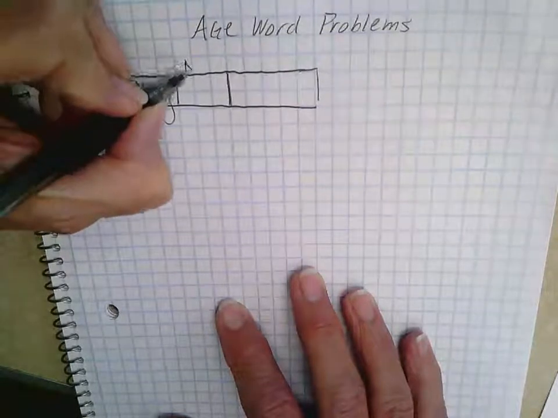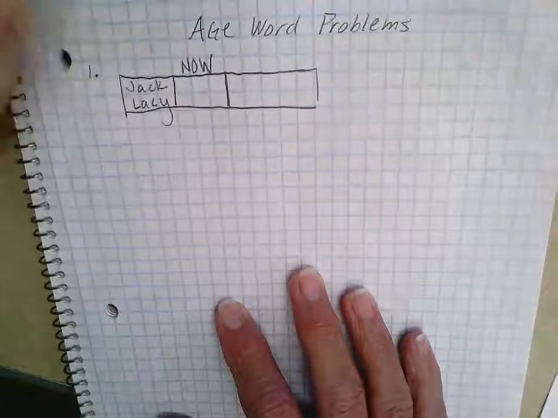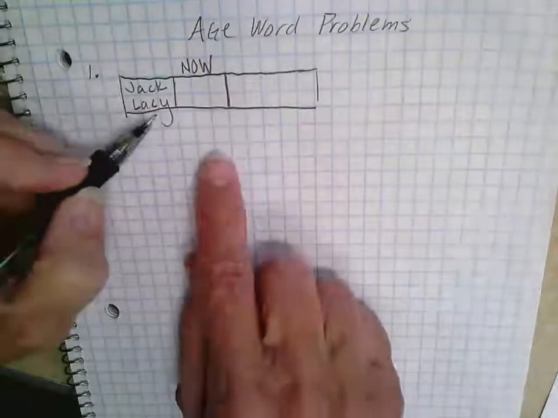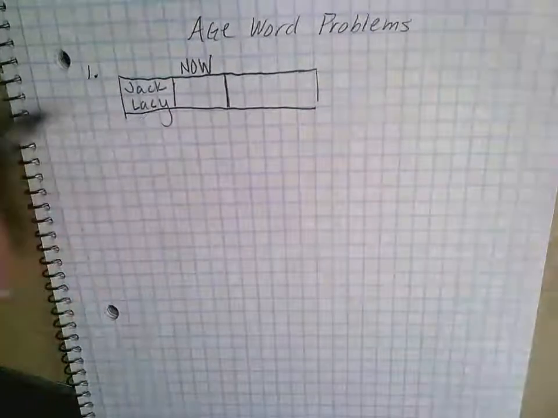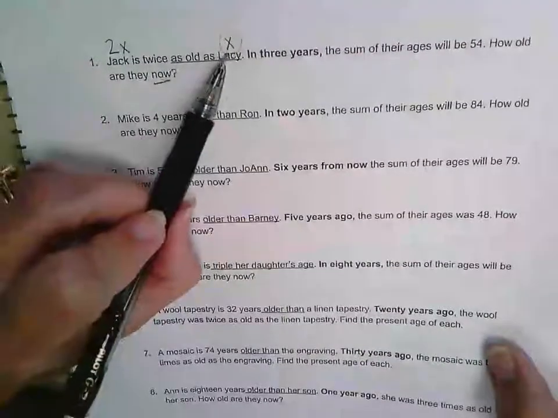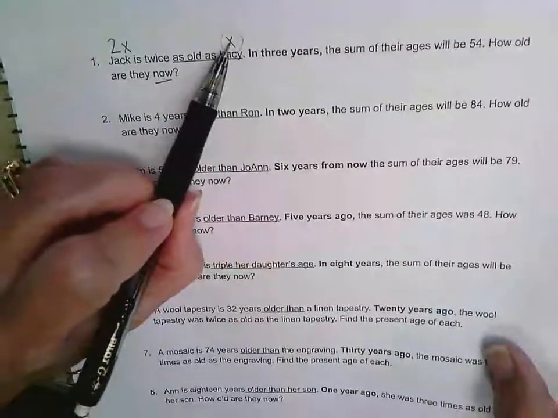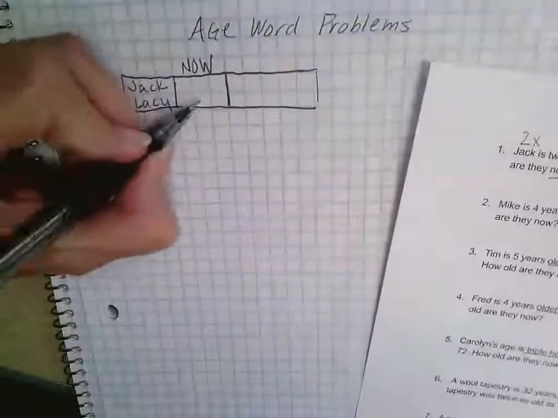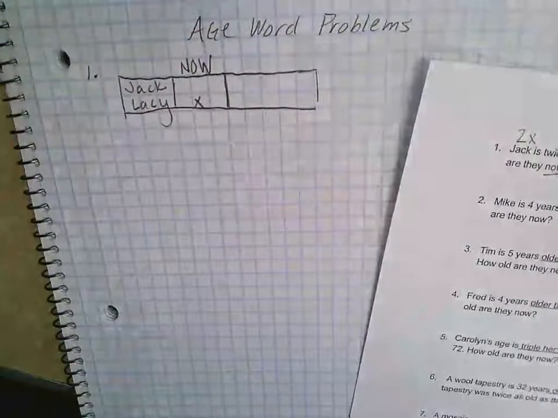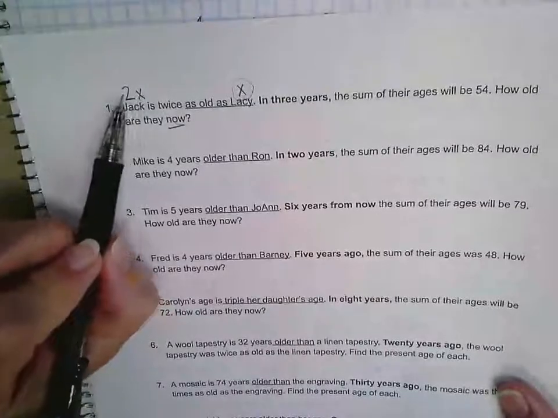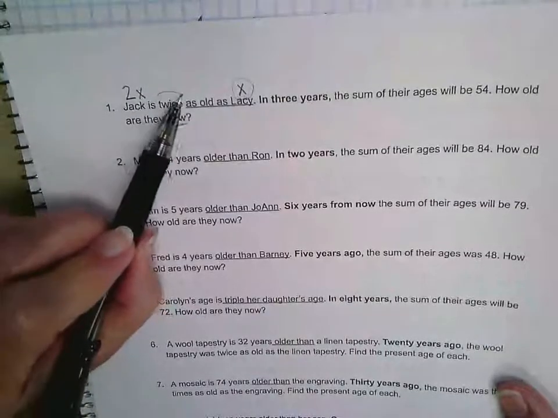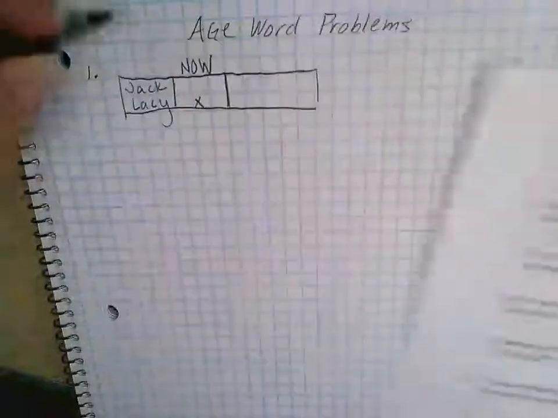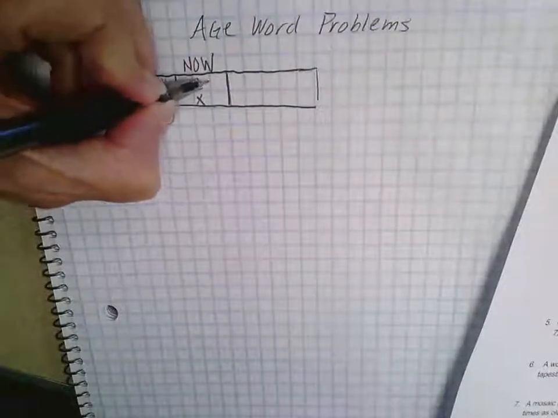This is their age now, and I've already decided that Lacey is going to be my X value because she is the younger. So I'm going to put X here by Lacey. And I've decided that Jack is 2 times Lacey's age because of this word twice. So Jack is 2X.